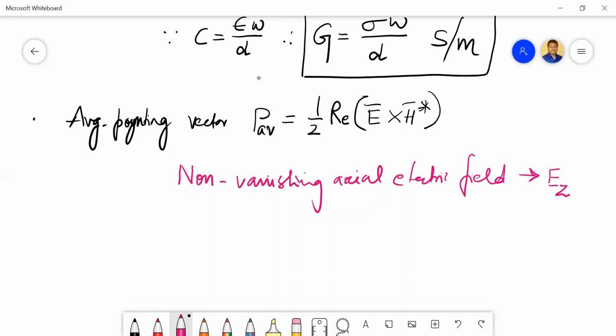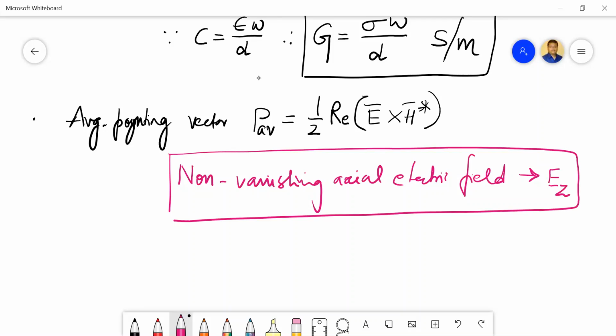However, for the TEM wave, we have seen that Ez and Hz become 0. But when we are taking some losses, ohmic losses and all, there must be some effect, and we should not forget these non-vanishing axial electric fields. So we'll take them into account to solve the derivation.